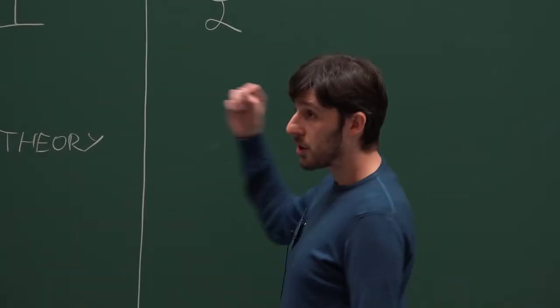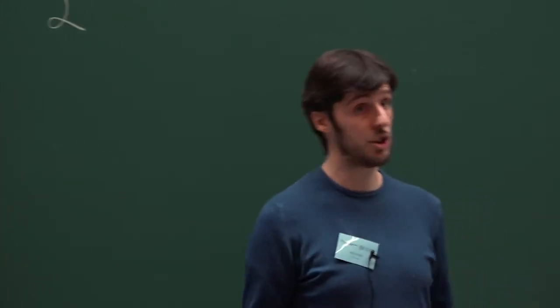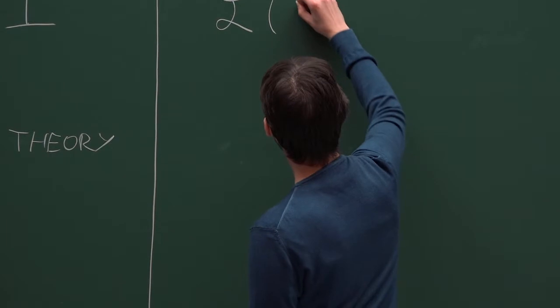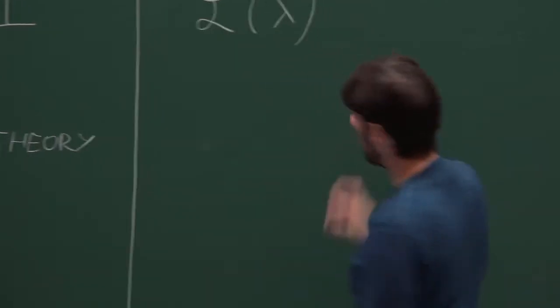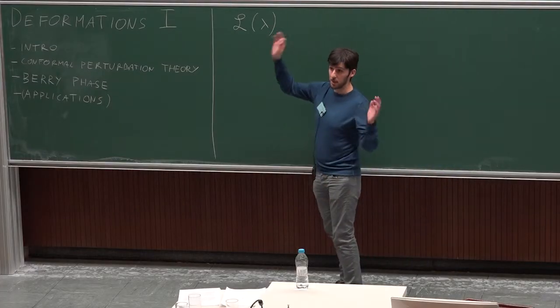But you also know that when you encounter these Lagrangians, they do not come in isolation. They often come in families. You find parameters in these Lagrangians, or coupling constants. And so I will collectively denote my parameters as lambda.